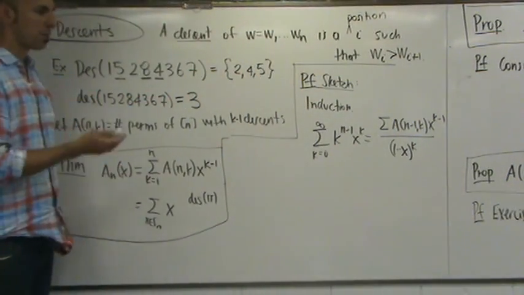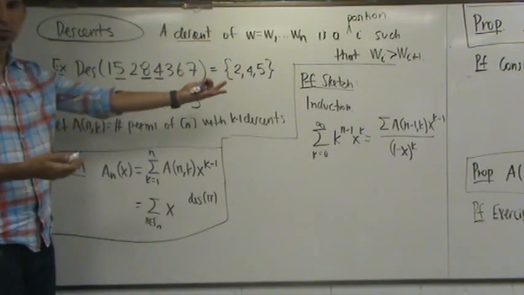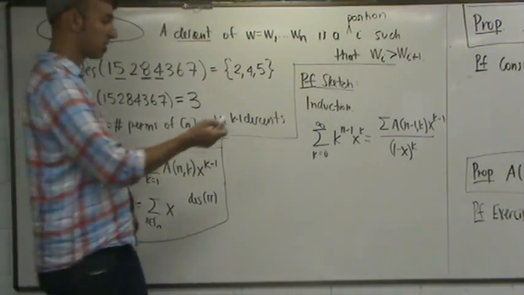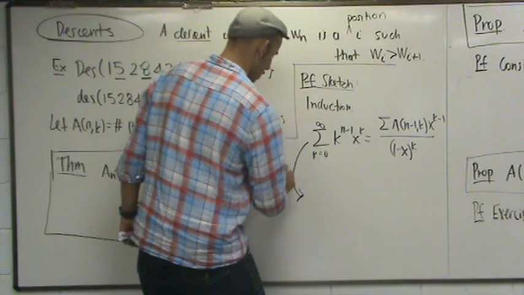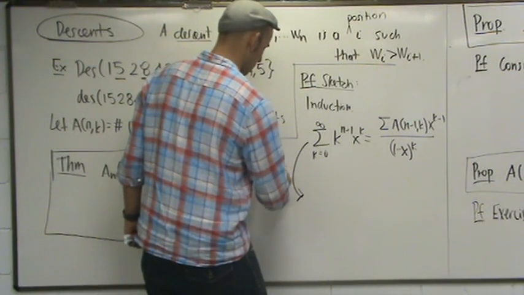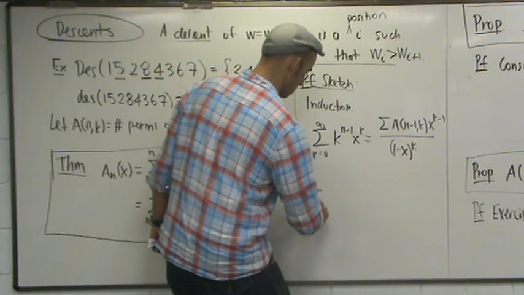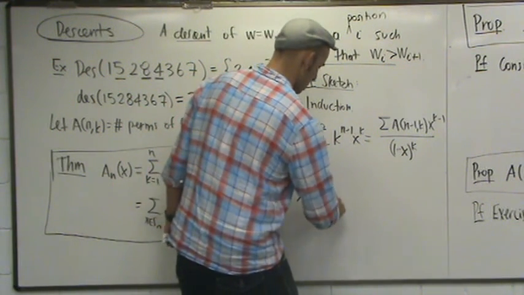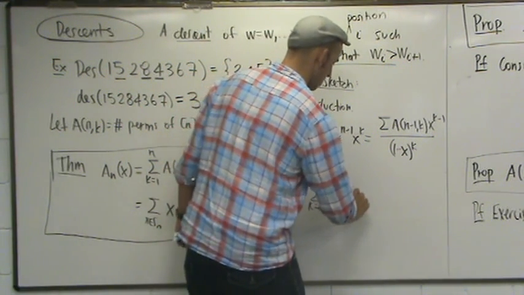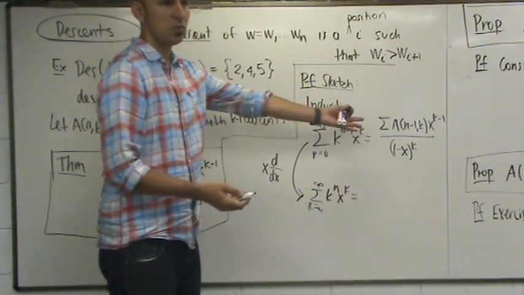Then how do I prove the next one? Well, we actually do the same trick that we already did. Right? We can just take this thing and take x times the derivative. So what we get here is the sum from k equals 0 to infinity of k to the n x to the k. And then we just need to do that here.